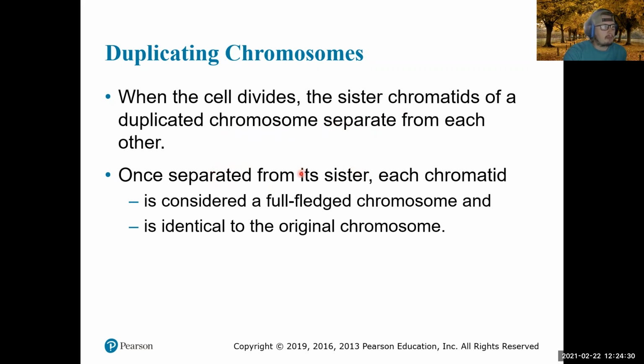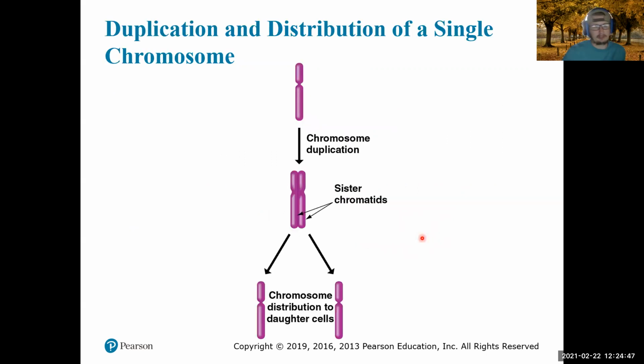Once it's separated from its sister, its pair, each chromatid is considered a full chromosome and is identical to the original chromosome. Okay, and so this figure here will hopefully help that make more sense. Here we have a chromosome. It becomes duplicated. So now you have two identical copies of that chromosome, and these are your sister chromatids.